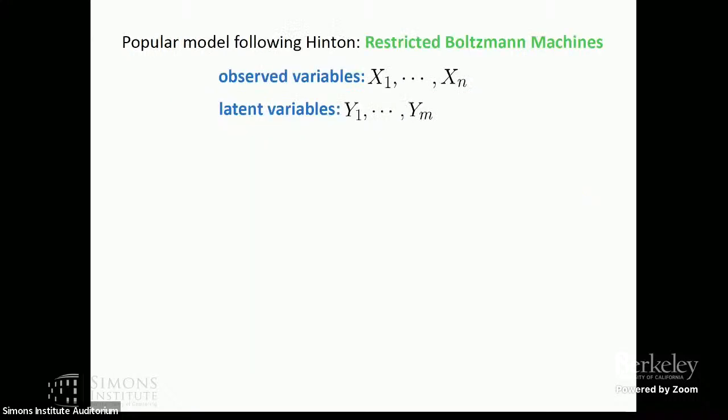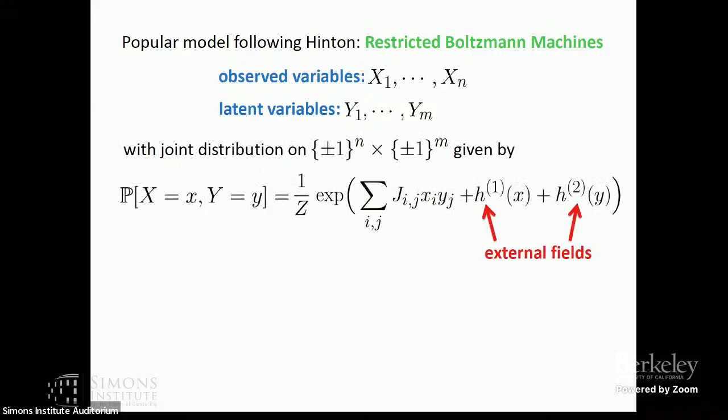So let me tell you about one particular latent variable model that's one of the simplest in this area, which is called the Restricted Boltzmann Machine. It's something that was popularized by Hinton in the 80s and 90s. And basically what you do is you take an Ising model, but it works on a bipartite graph. And one of the two sides in the bipartition is unobserved. So I have observed variables x1 through xn, and I have latent variables y1 through ym.